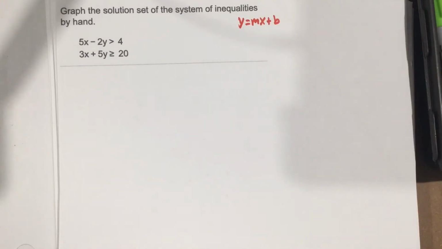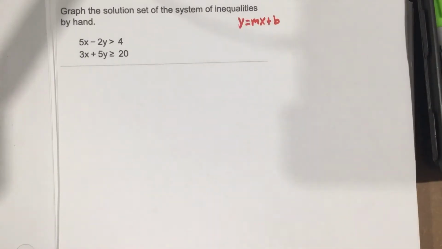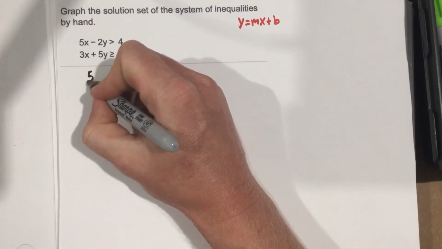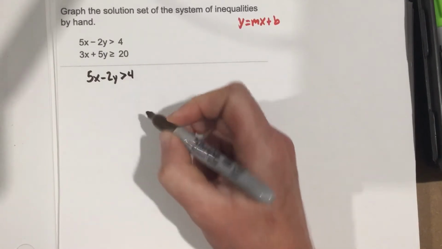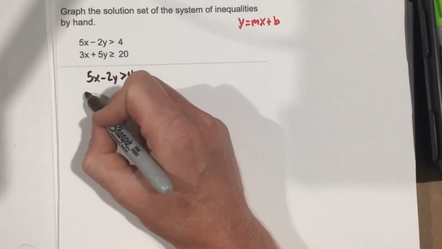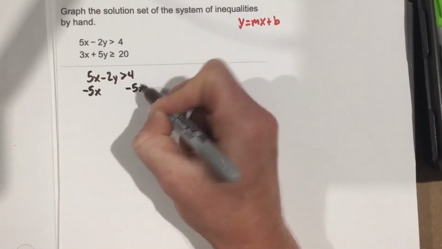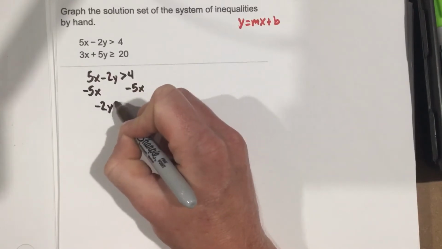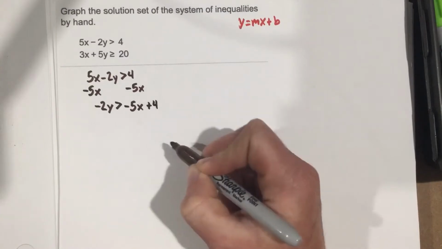And the top equation, I'm going to use brown to graph it, and the bottom equation, I'm going to use red. So let's go ahead and write these out. So we're going to say 5x minus 2y is greater than 4. And I'm going to put it in slope-intercept form. So I'm going to subtract 5x over. That's negative 2y greater than negative 5x plus 4.